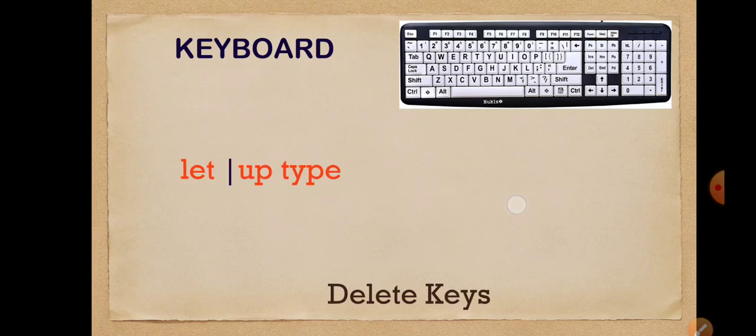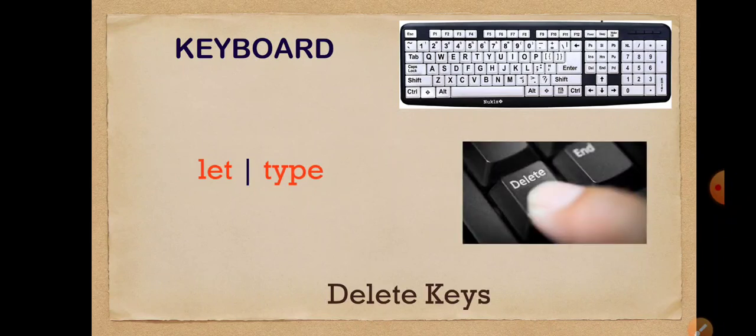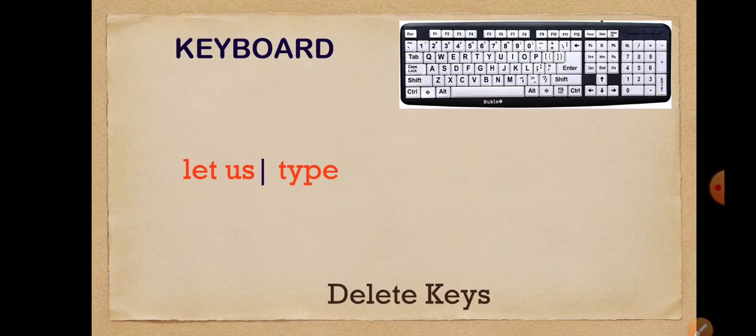For that I will place my cursor before up, because the delete key will work on the right side. It will erase all the characters on the right side. So after placing my cursor, I will press the delete key 2 times and it will get erased. Now I can type us and I am done.